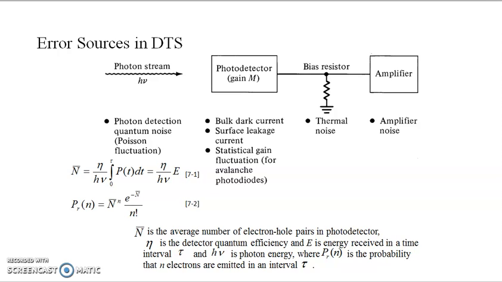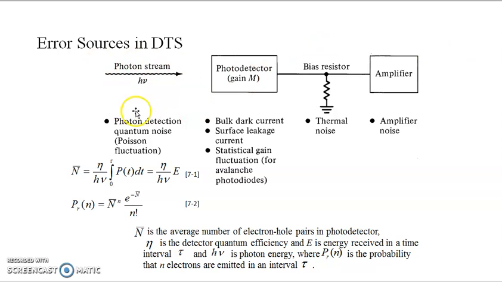If you see the diagram, it shows the noise sources and disturbances in the optical pulse detection mechanism. The photon stream from the fiber arrives at the photodetector, which can be a PIN or a photodiode. Then we consider the front-end amplifier, and then we have a digital circuit.